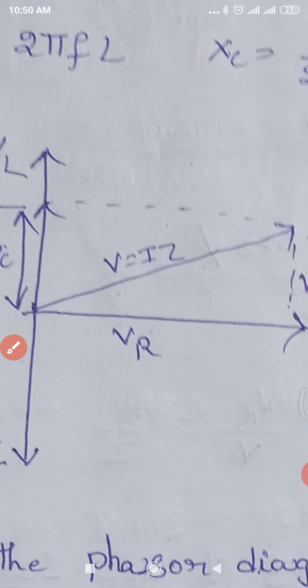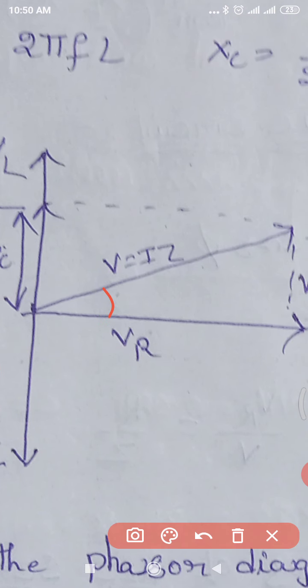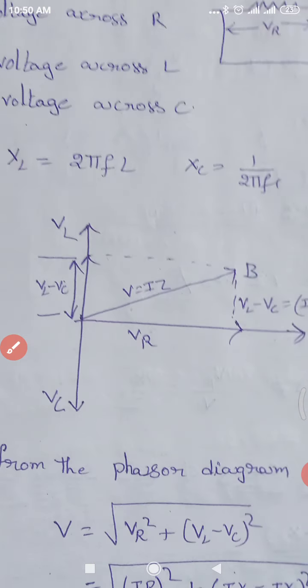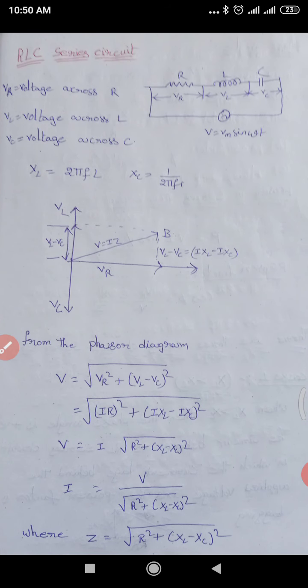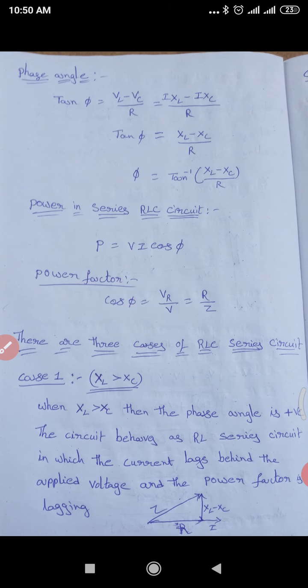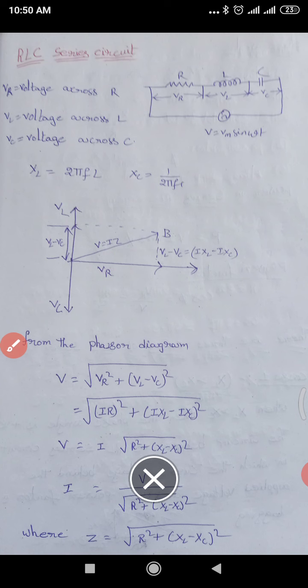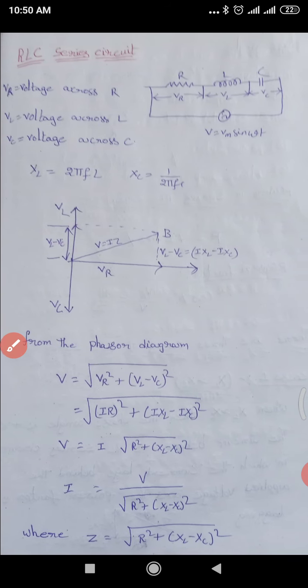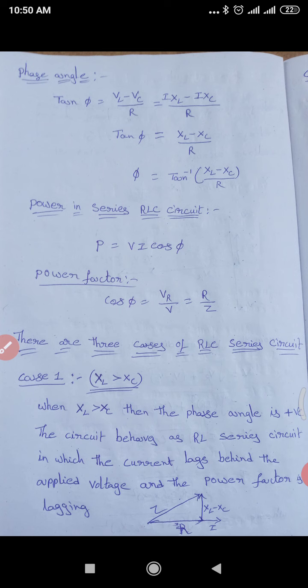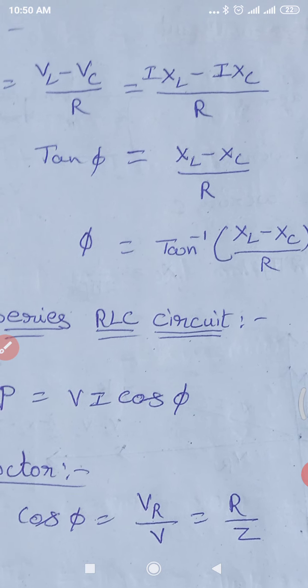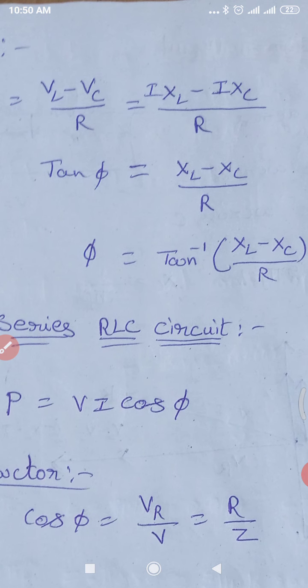Here we have to find out tan phi. From this triangle, tan phi is equal to opposite side by adjacent side, that is VL minus VC by R, where this is the adjacent side and this is the opposite side.